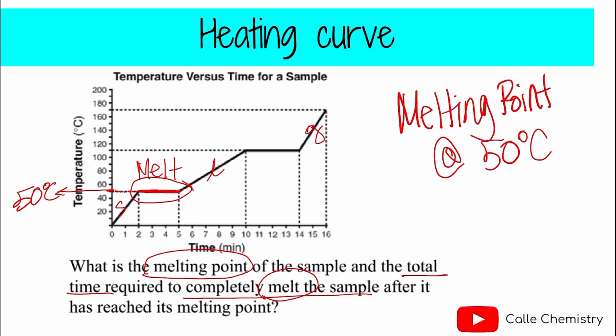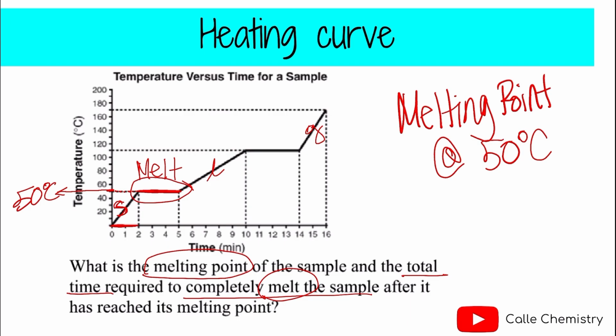Now it says, what is the total time it takes to melt this sample? Well, the first 2 minutes over here, the sample is a solid. So we cannot include this in the time that this sample melted, because the first 2 minutes, this sample was a solid.